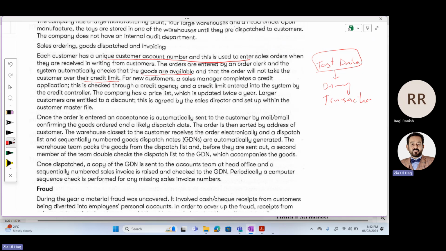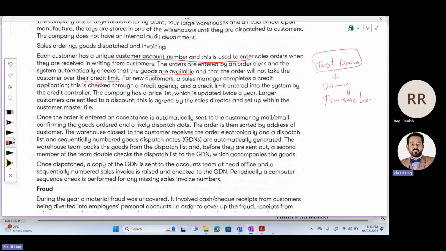What is the purpose? This is to ensure orders are accepted only for stock available as well as according to customer credit limits.